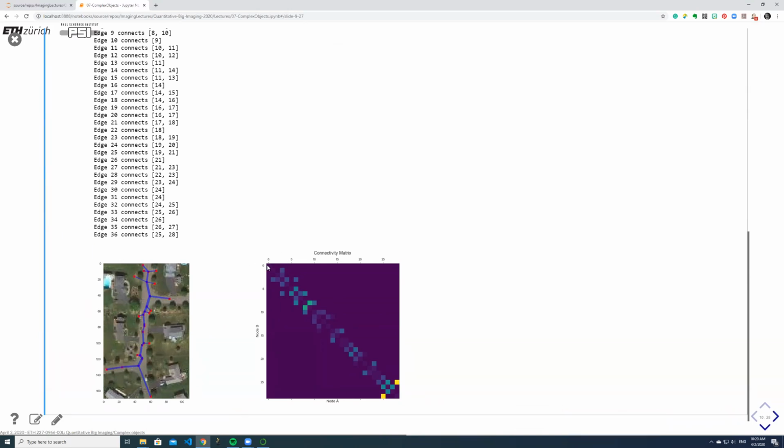An interesting thing is to compute the connectivity matrix to see how many, how long segments are connected with each other. So what you have here is node A and node B. You can see here that node B number 3, I think, is connecting to pretty many nodes in A, 3 nodes.